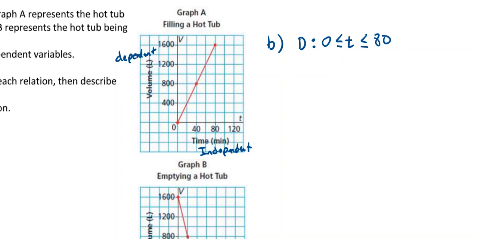Right? That's when it's totally full. That's like our X value, that's as far over to the right as our X's get. Okay, range. Our range is going to be volume, so V is greater than or equal to 0, right? It's empty. Or less than or equal to 1,600.